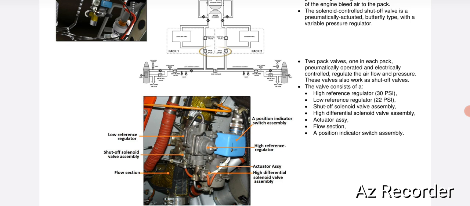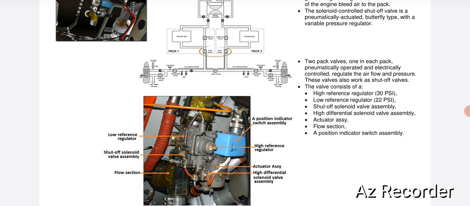This actually manages the opening and closing of the pack valve. And the high differential solenoid valve assembly. This is used if we want high flow. Then the actuator assembly for motor movement of those valves, as it is an electro-pneumatic valve. The pack flow section.